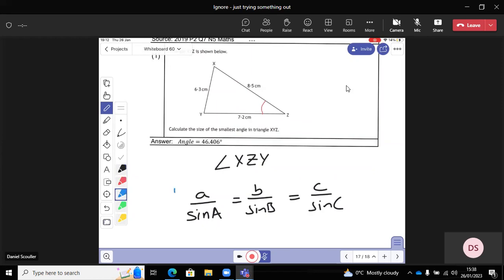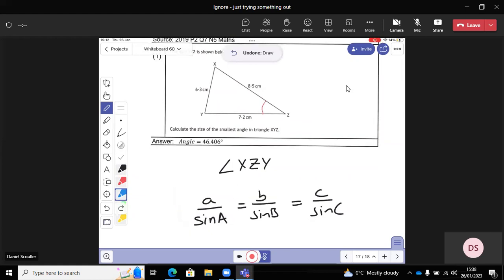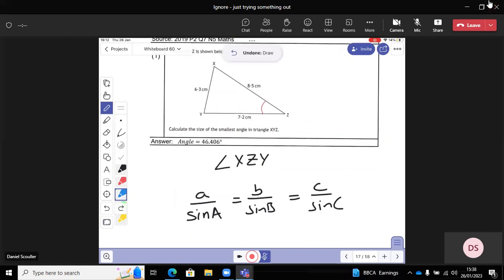Remember, we only use 2 parts at any one time. We only know the length of the sides, we don't know any other angle, so we can't use 2 parts of that. We don't know sine A, sine B, or sine C. So we cannot use that.